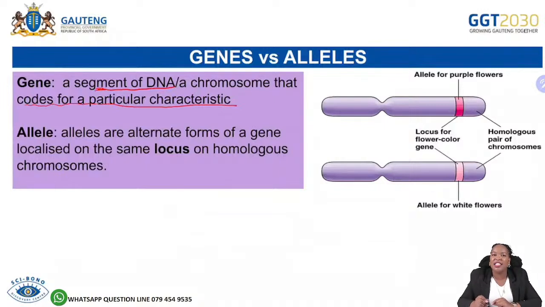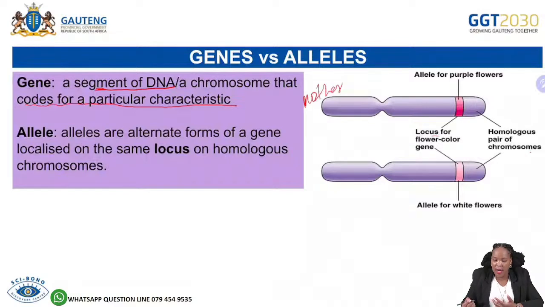Let us look at the gene on this diagram that we have here on the right. So here on the right, you find that there is a locus. So these are chromosomes, a homologous pair of chromosomes. When we say homologous pair of chromosomes, remember we mean one comes from the mother.